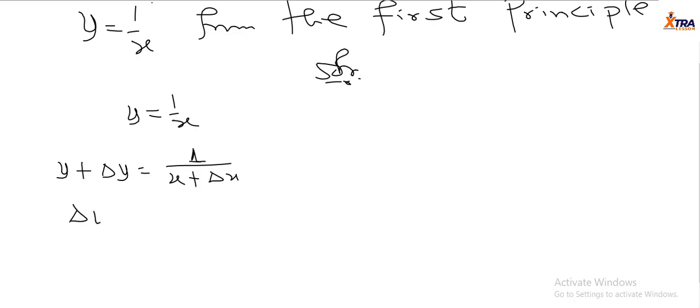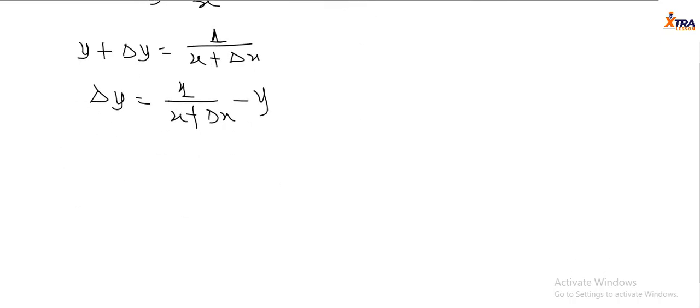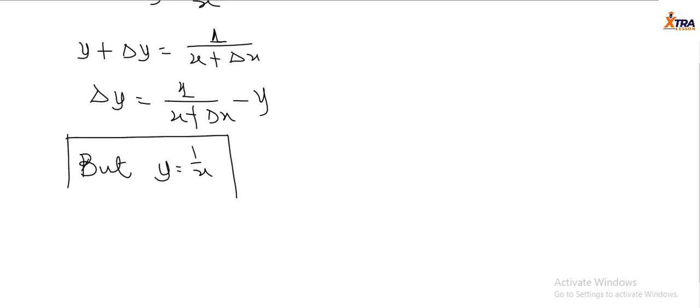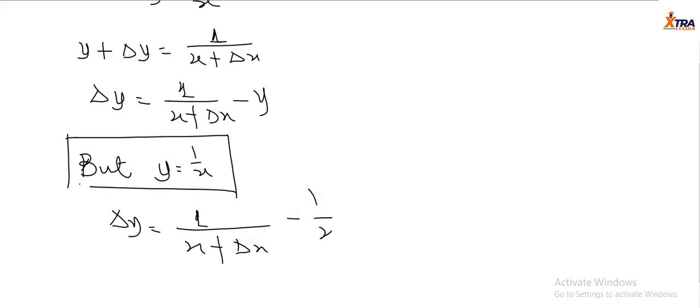We have delta y equals 1 over x plus delta x minus y. But y is given as 1 over x. So we have delta y equals 1 over x plus delta x minus 1 over x.